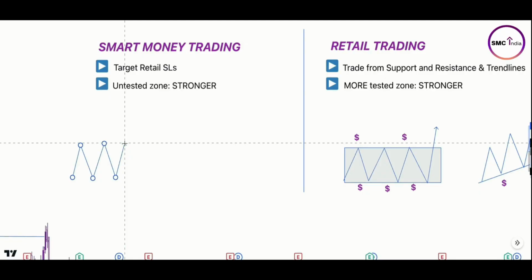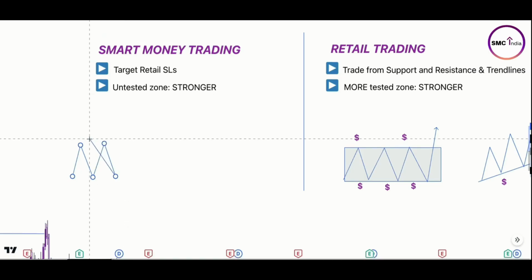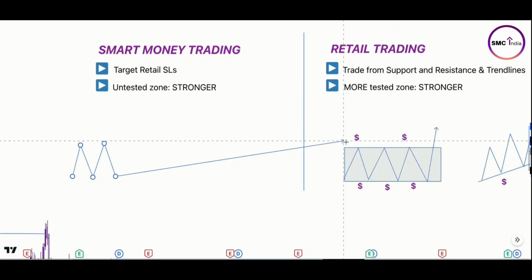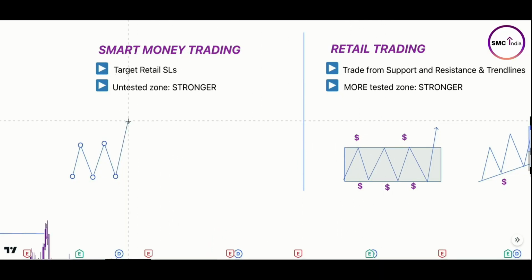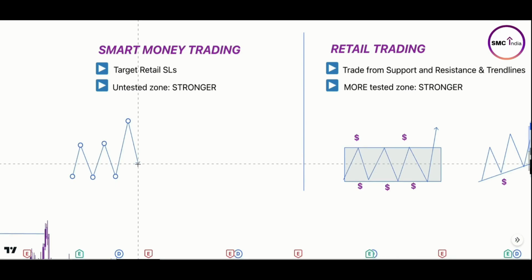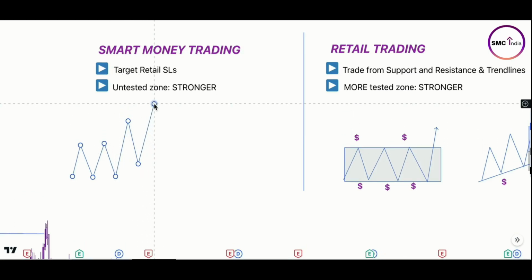You wait for this liquidity to be grabbed, as there is a huge amount of money, just as I've shown you here. So we wait for this liquidity to be grabbed. The price comes back to test the untested zone or unmitigated order blocks here, and then the price shoots up.